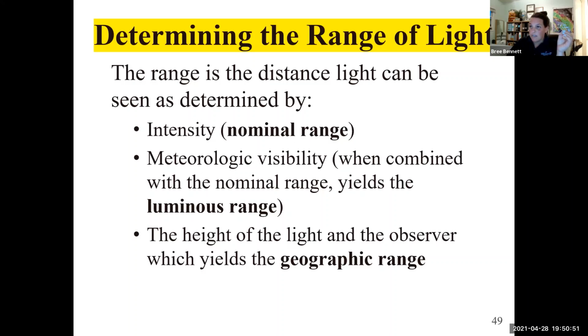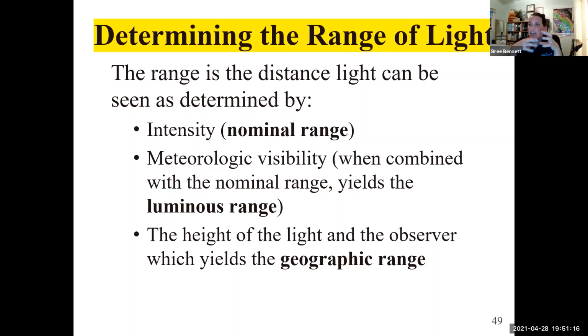If it's not perfect visibility, if it's foggy or hazy or whatever, that nominal range is going to be lessened somehow. So I like to call it an intensity indicator. If it is a super bright LED light in perfect visibility, you're going to be able to see it way far out.